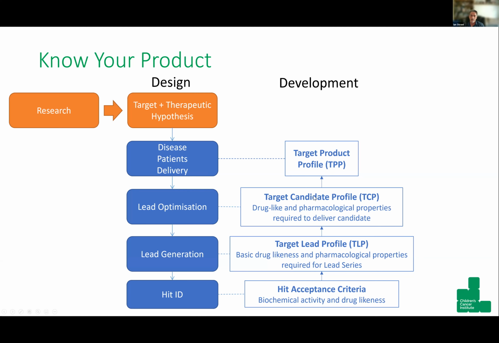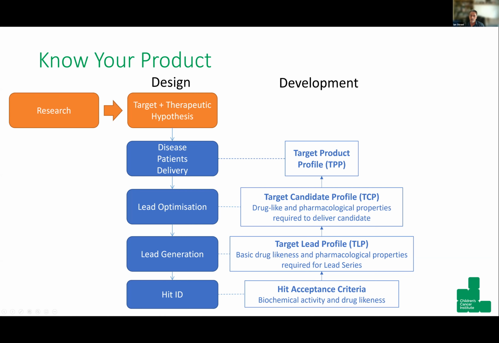From this TPP, you can work backwards and design a molecule, defining the parameters and properties of a molecule that you would need to fulfill that target product profile. And then based on that candidate profile, you work backwards down the screening cascade and work out profiles for the simplified chemistry that you might identify at each stage, all the way back to the start of the project.